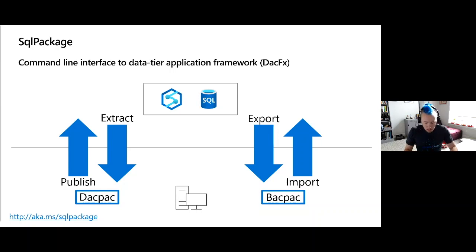So if you're at your computer or if you're in a CI/CD pipeline and you want to pull the schema of a database out so that you can save it in source control or so that you can then manipulate it and then potentially deploy it to a test environment, so on and so forth, you would be able to use SQL Package and the extract operation to bring that down into what's called a DAC pack or a data tier application file. Data tier application files are an artifact of a database that includes all those schema objects. The reverse operation or a publish takes that schema and applies it to a database.